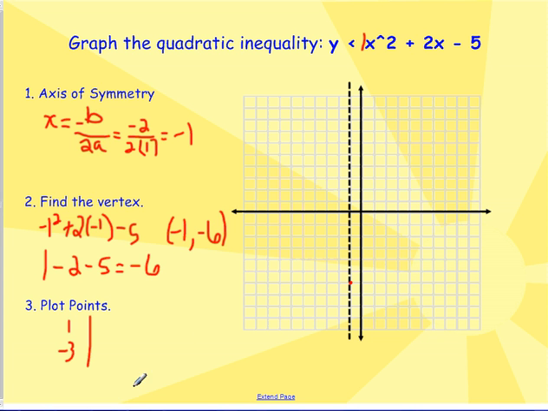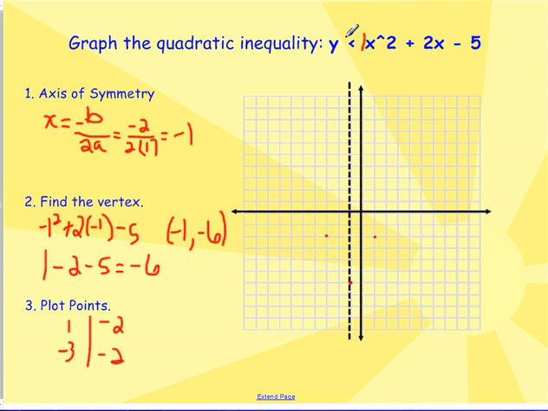I think you know how to do that, so I'm just going to do it real quick for you. Alright, so you'll notice that I added the 2 new points, which both have y-values of negative 2. So my first point is going to be 1, negative 2. And my other point is going to be negative 3, negative 2. And then I'm going to connect my dots.